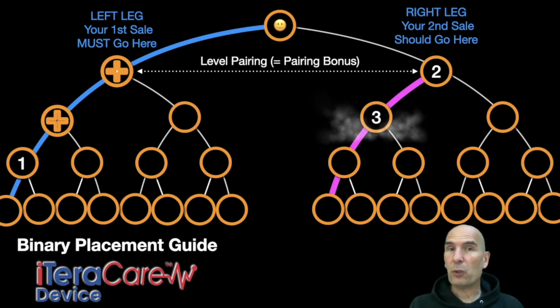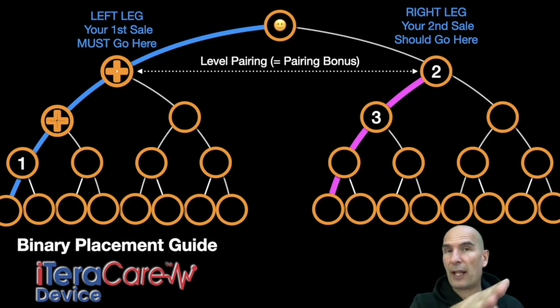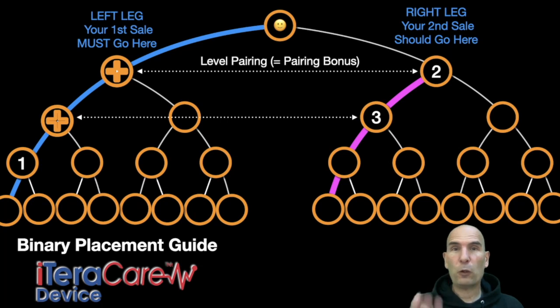Then the third sale, and every sale after that, if your sponsor stays ahead of you, you're just going to go down the inside of your right leg. So the third sale goes there, and look, it's matched to some spillover from my sponsor. You're going to get another full pairing bonus on that level pairing.